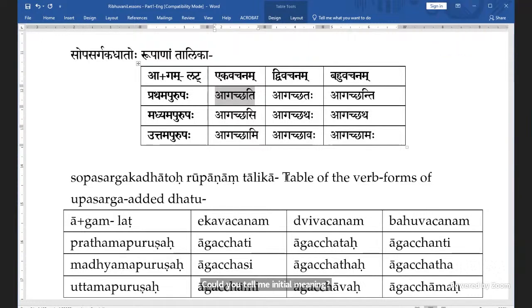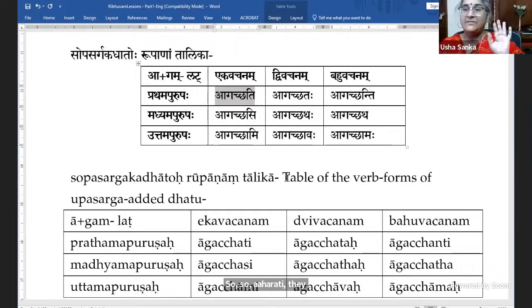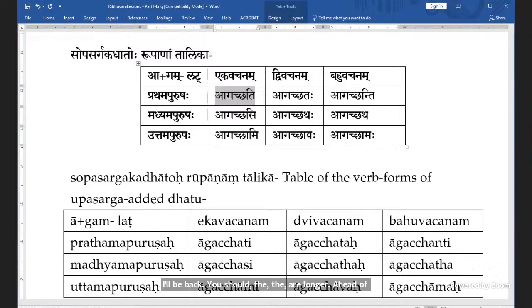So, aharati, he brings. Aharataha, they both bring. Ivan, you should pronounce it longer. Aharati becomes short. Okay, aharati, they two bring. Aharanti, they many bring. Aharasi, you singular bring.